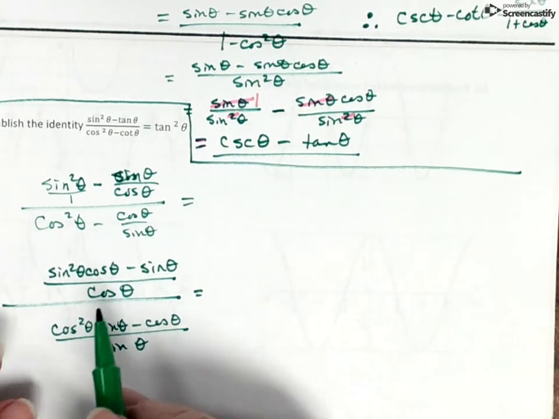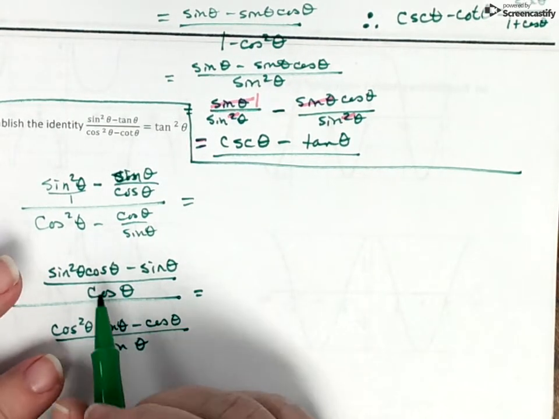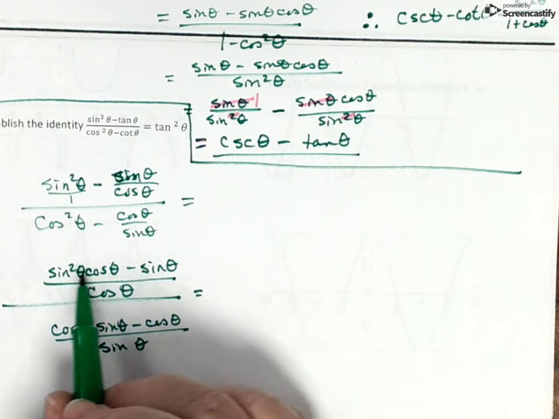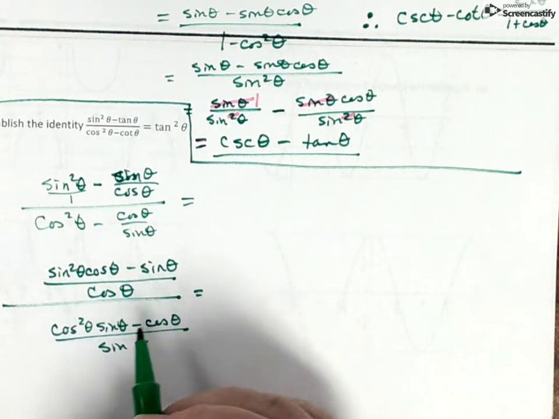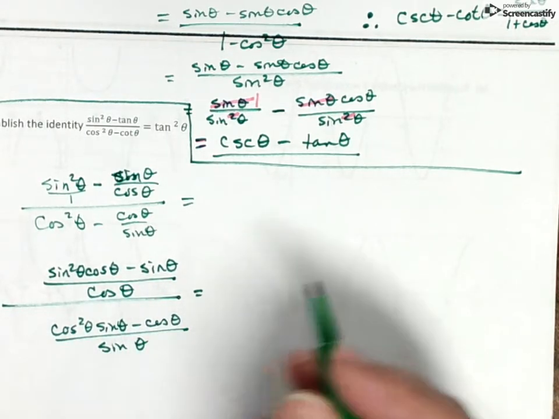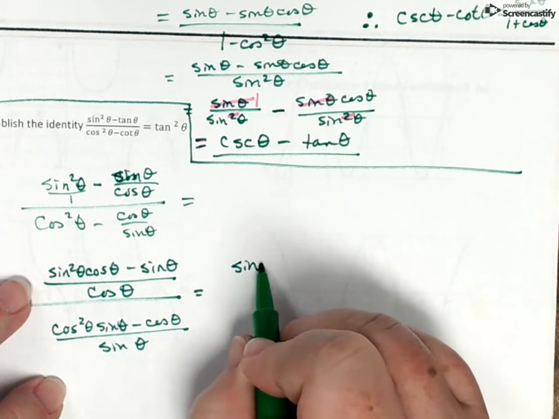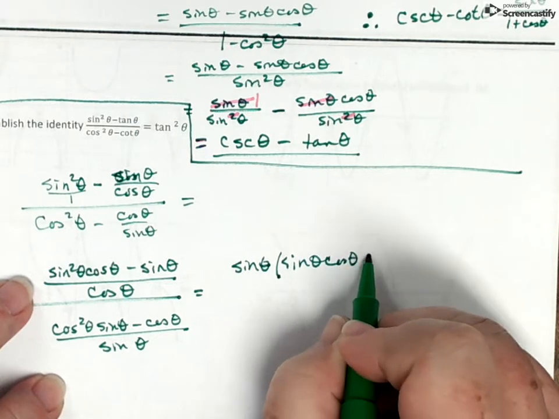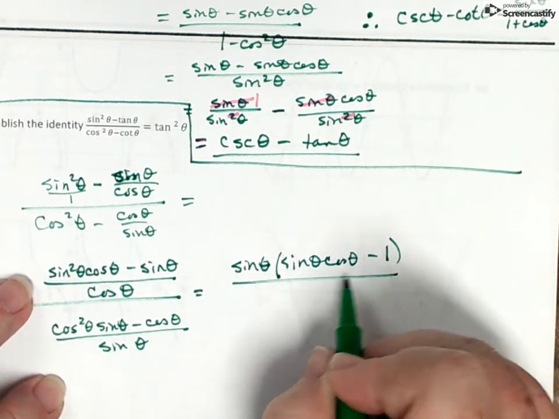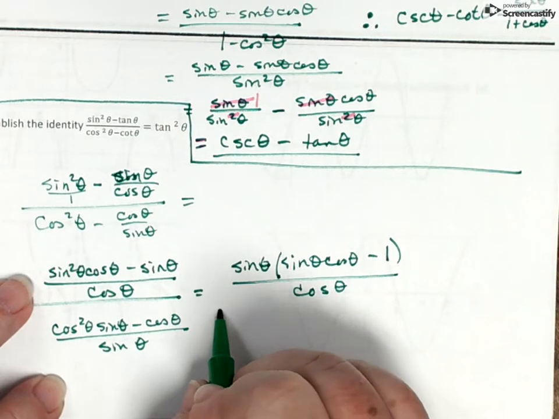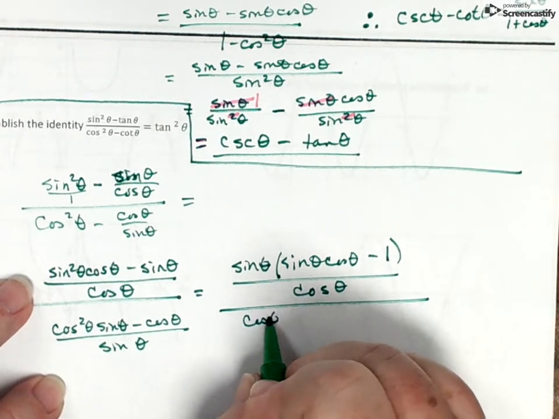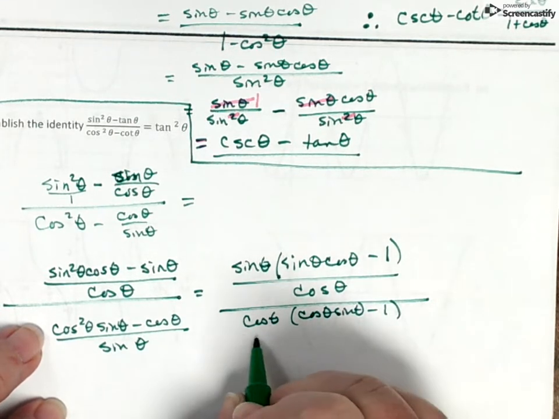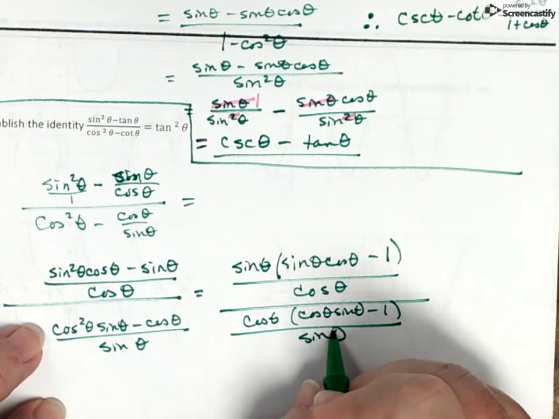Okay, still looks more complicated. But now, what if I told you I want to factor out a sine theta of both of these and a cosine theta from both of these? Let's rewrite it. Sine of theta times sine theta cosine theta minus 1 over cosine theta, over cosine theta times cosine theta sine theta minus 1 over sine theta.